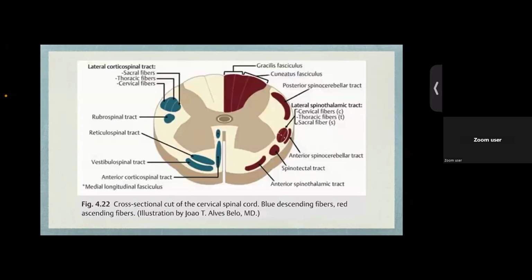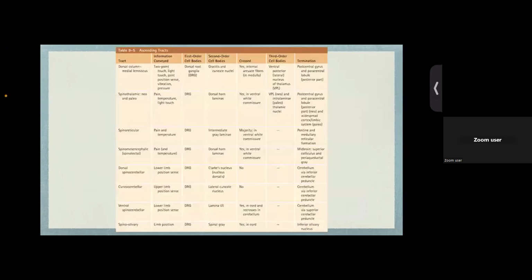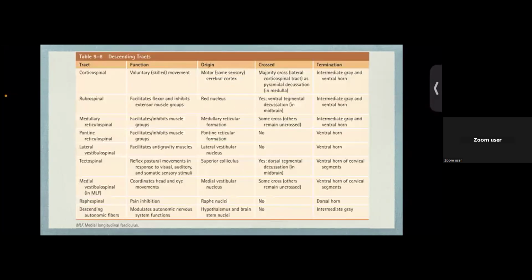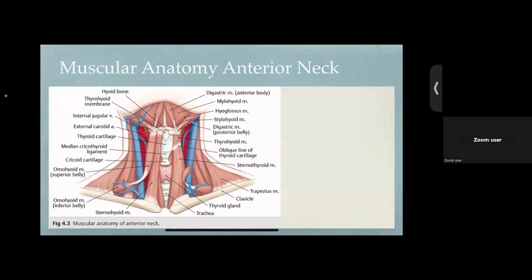Wouldn't go into too much detail into the tracts, right? But this one will show more the white matter tracts, the ascending and descending tracts, of the myelinated axons, right? It's just a table, again, summarizing the different tracts, the ascending, descending.